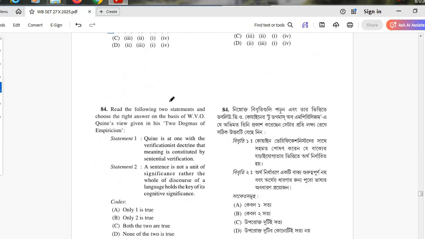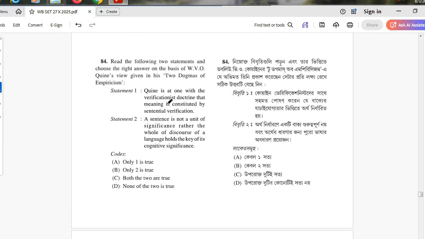Question 84. Read the following two statements and choose the right answer on the basis of W.V.O. Quine's view given in his Two Dogmas of Empiricism. Statement 1, Quine is at one with the verificationist doctrine that meaning is constituted by sentential verification.